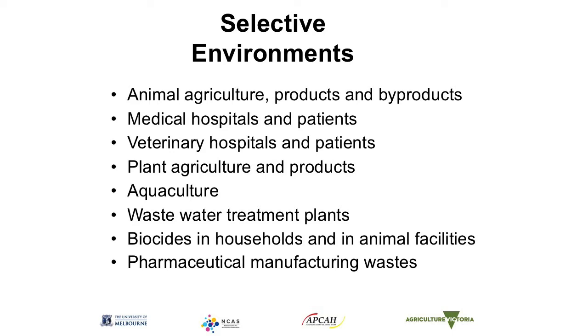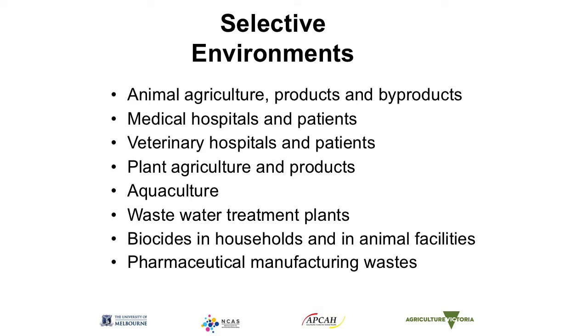They can include aquaculture. Wastewater treatment plants are a particular source of very considerable exposure to antimicrobial drugs, because many of the antimicrobials that we use therapeutically are excreted, particularly in urine, in an unchanged form, and so will accumulate in wastewater treatment plants.